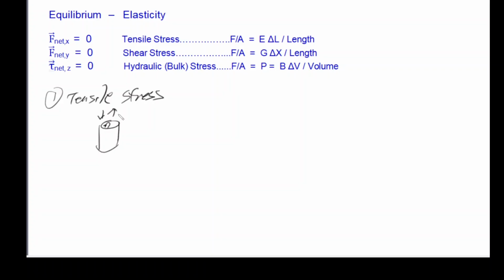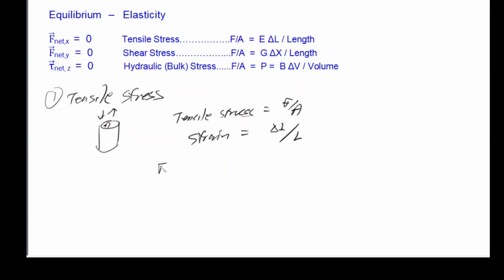So it's perpendicular to A. And tensile stress, again, is force per unit area. And the strain is the change in length over the initial length, because we're either compressing or stretching the body.